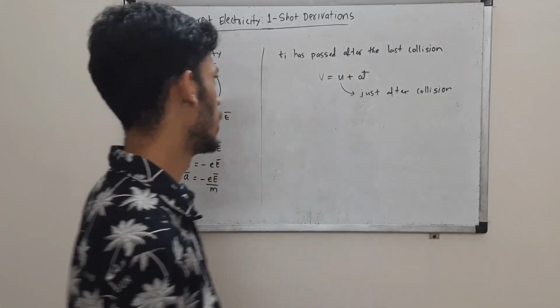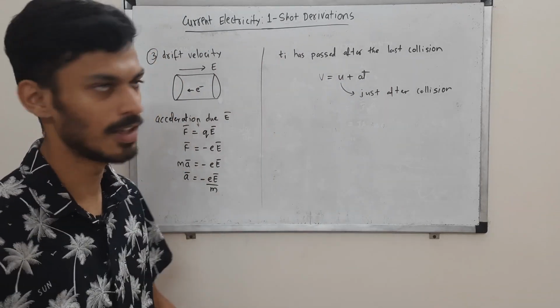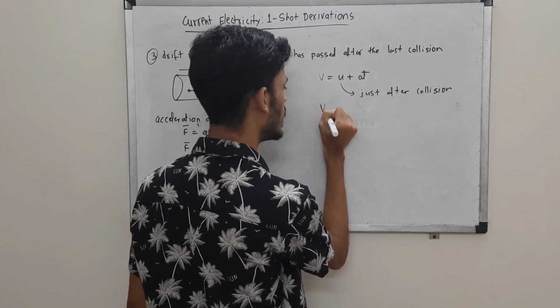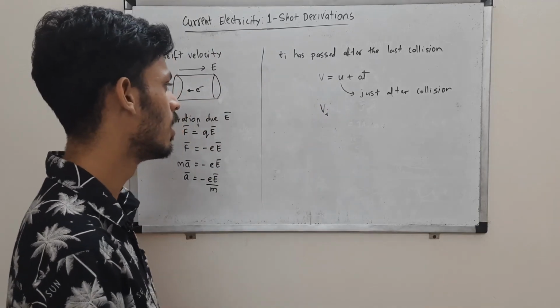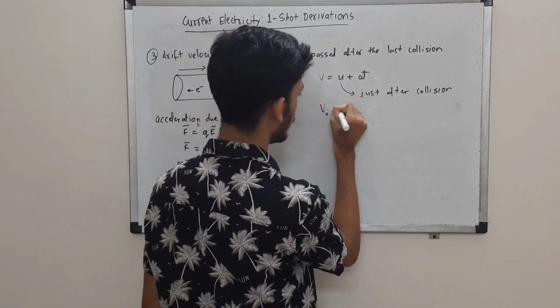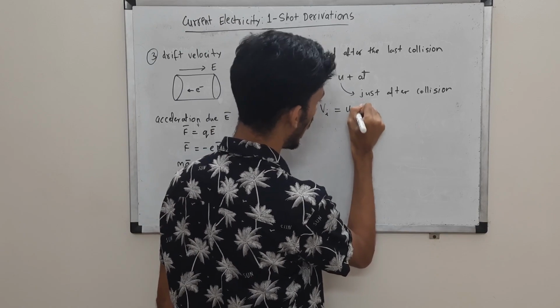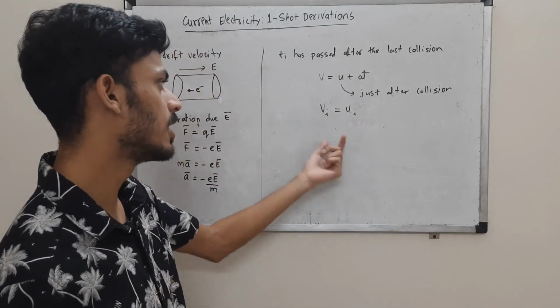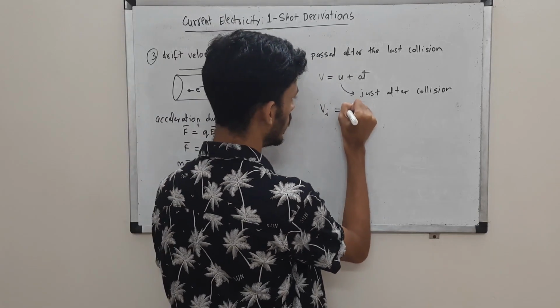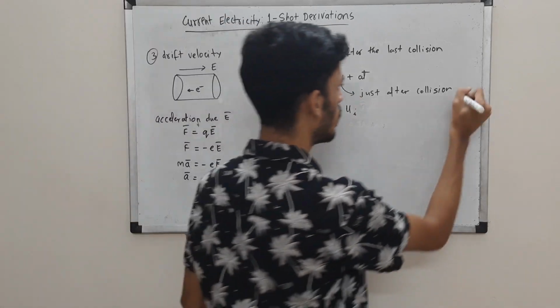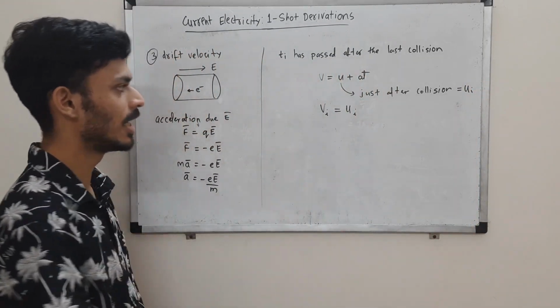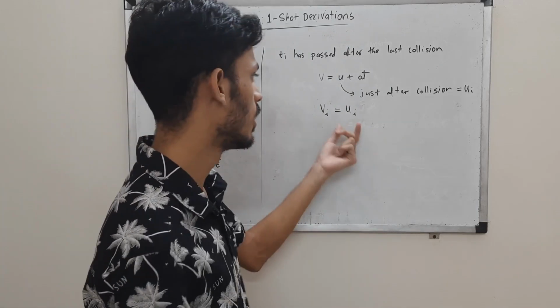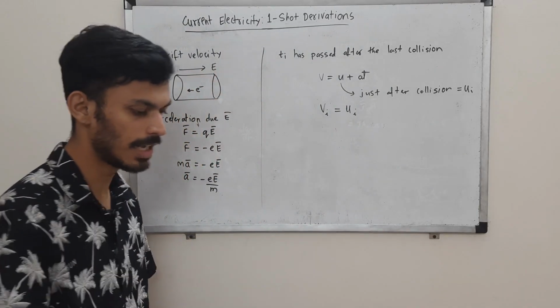And this is v, the final velocity. We'll say that the final velocity is some vi for the ith electron. That's why we are using the index i. It is for a particular electron, let us say the ith electron. So let us assume the initial velocity just after the latest collision to be ui.